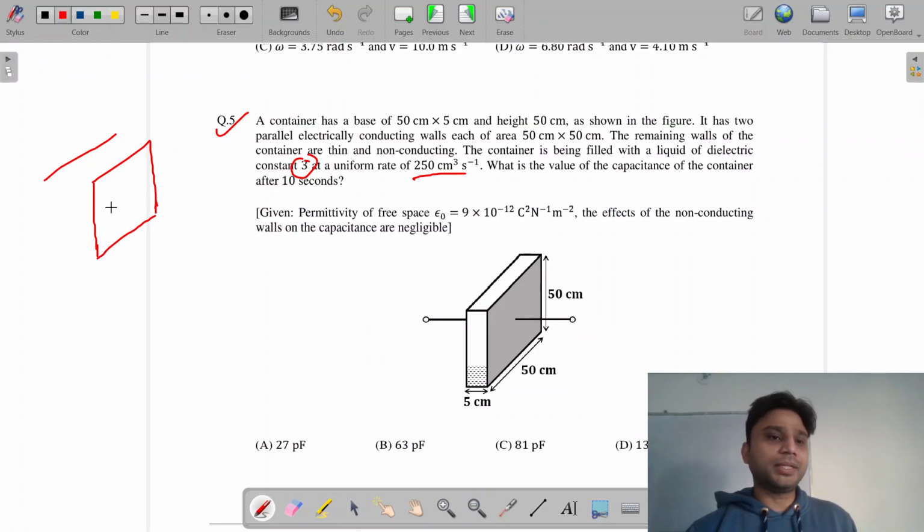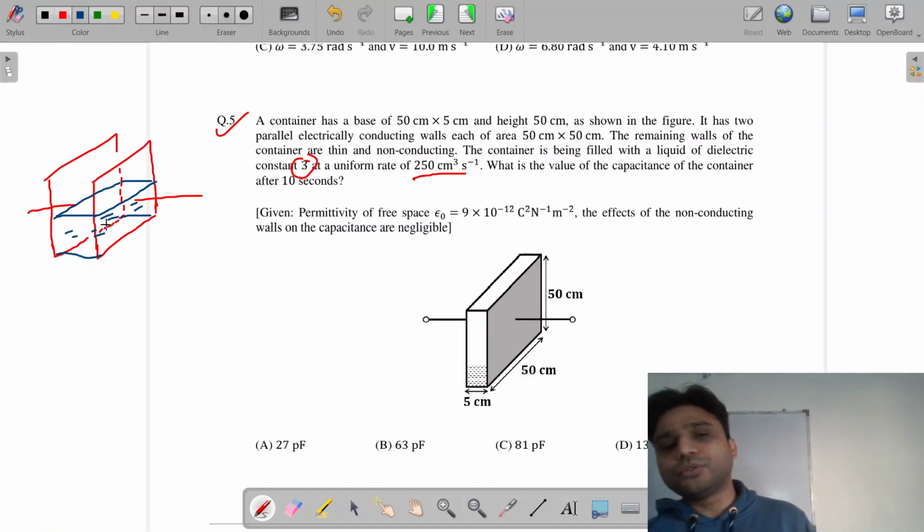So you have a capacitor. Within this capacitor you have this fluid.